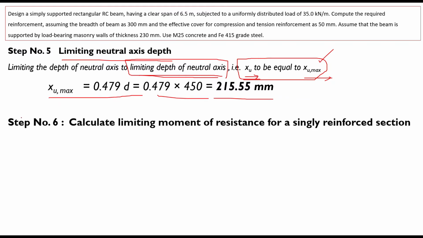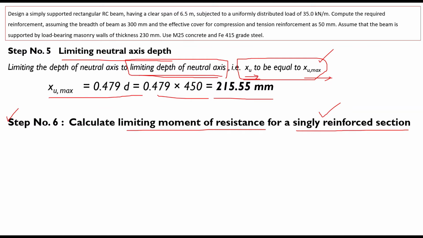Now step number 6, here we have to calculate the limiting moment of resistance. You should be very clear that in step number 6 what we are calculating is the limiting moment of resistance if it is a singly reinforced section. That means what is the maximum or limiting moment of resistance if this beam is designed as singly reinforced.